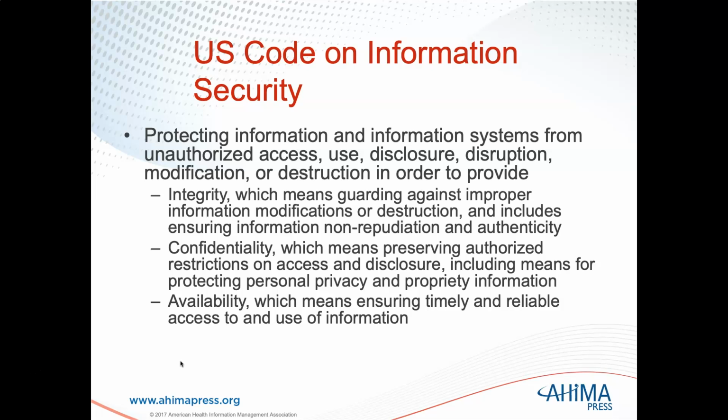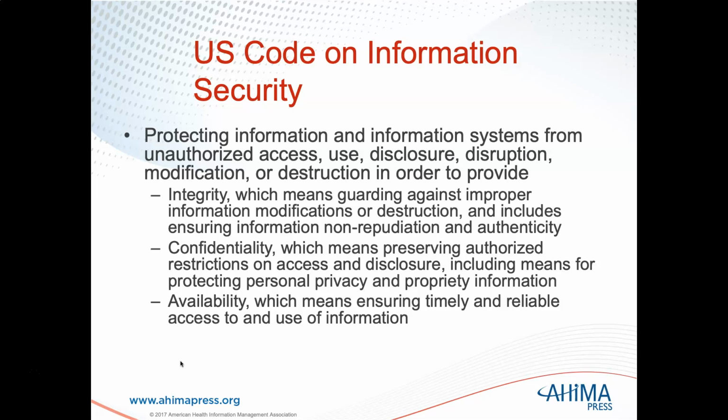So there is U.S. Code on information security. You have to protect information and information systems from unauthorized access, use, disclosure, disruption, modification, or destruction in order to provide integrity, confidentiality, and availability. This slide is very important. You need to know how they define integrity, confidentiality, and availability, and know that that's what this is about.